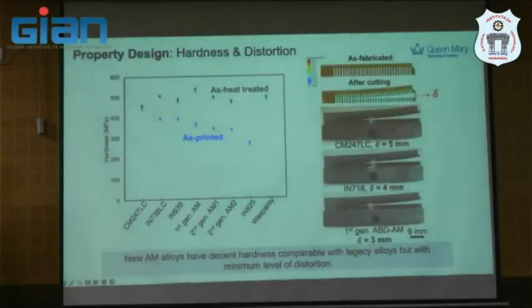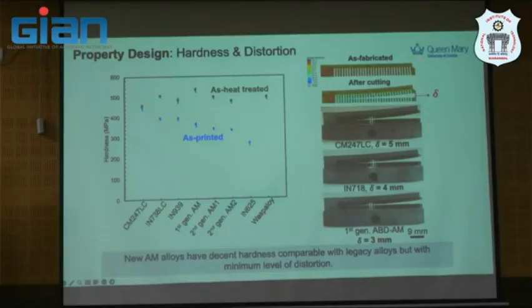And then we are also doing hardness and distortion for this new material. For hardness, as heat treated and as printed, you will see the hardness is recovered compared against several materials here. In the second generation we also have several series of the material.